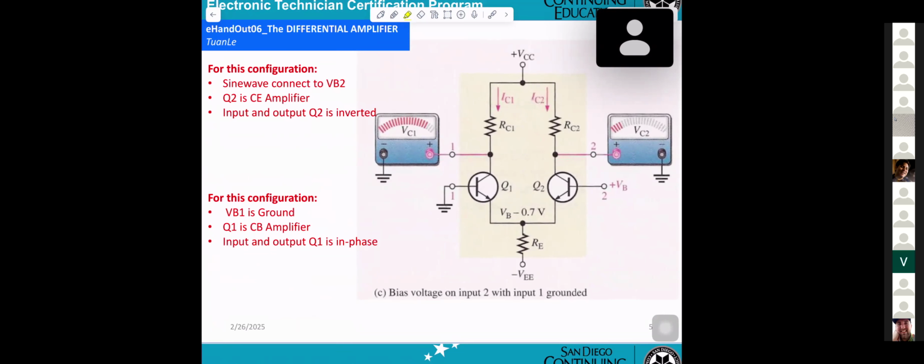So in that one, the input will be applied into Q2, and Q1 input will be grounded, just a reverse of the other one. Then you understand in this case, Q1 will be CB and Q2 will be CE.